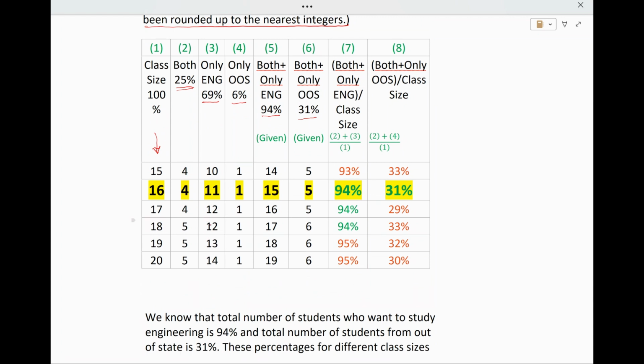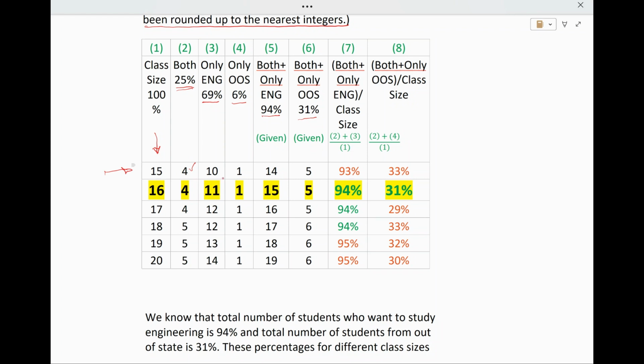Let us take the first row. Class size is 15, both is 25%, which is 4 when we round it up to nearest whole number.